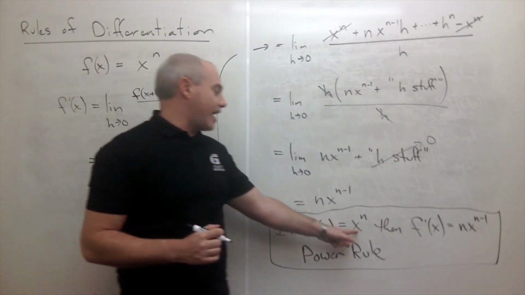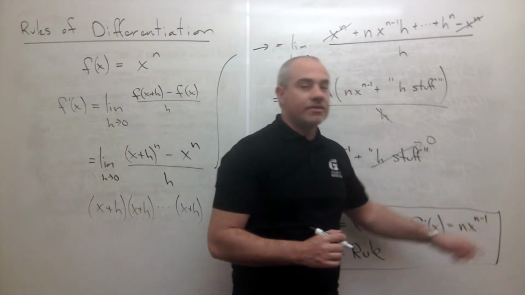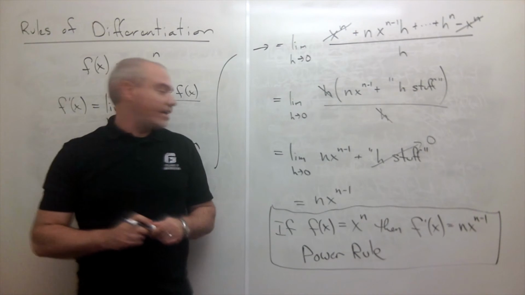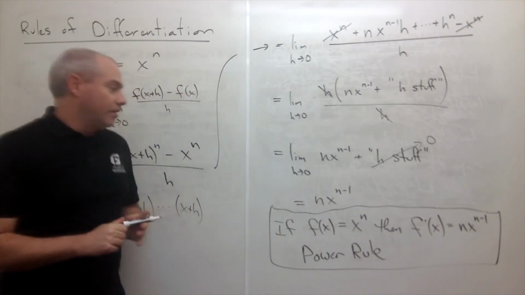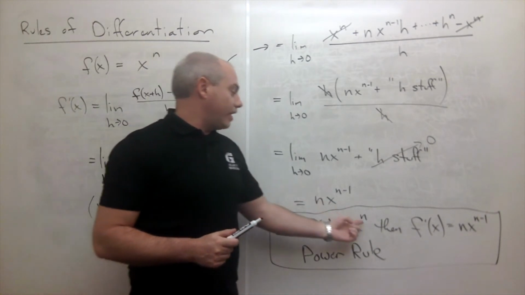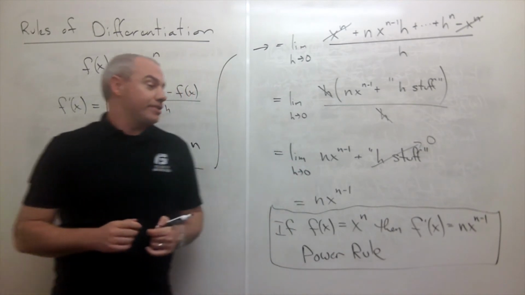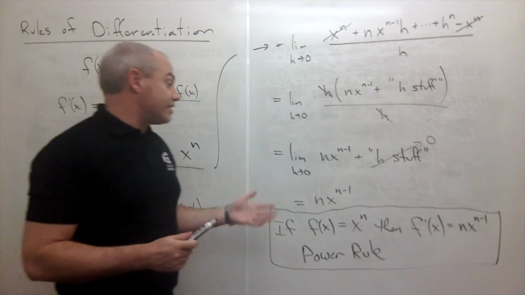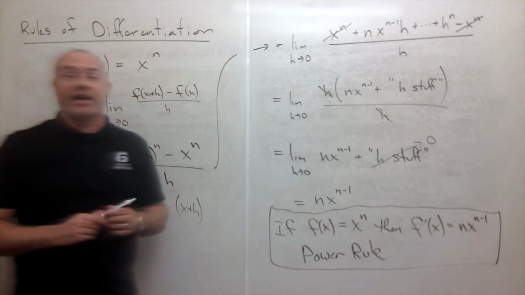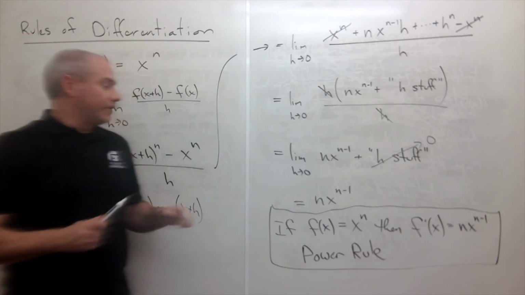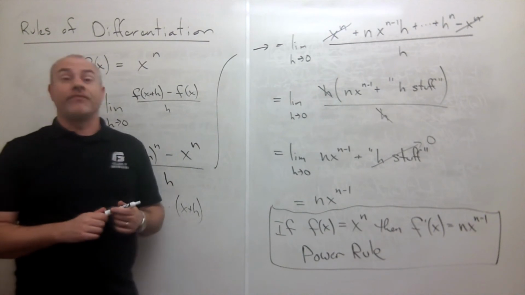And n could be, at this point, any positive integer. We haven't proved it yet for negative integers or fractions or things of this sort. It ends up that it does work for negative numbers and fractions and things. We'll prove that maybe a little later. But for now, what you need to know is this power rule, and that's very helpful.